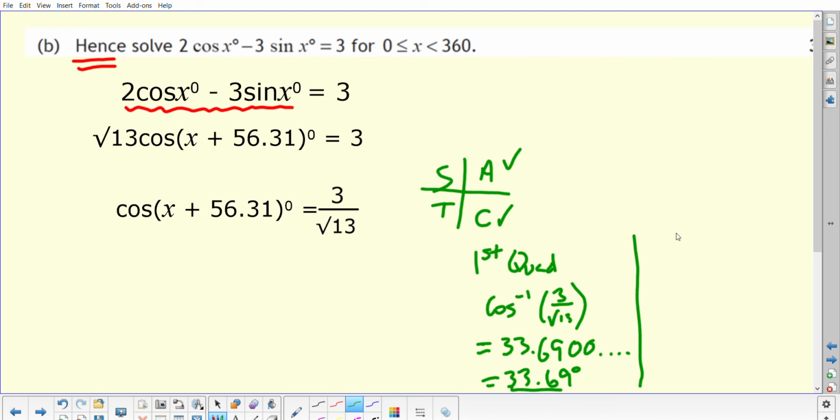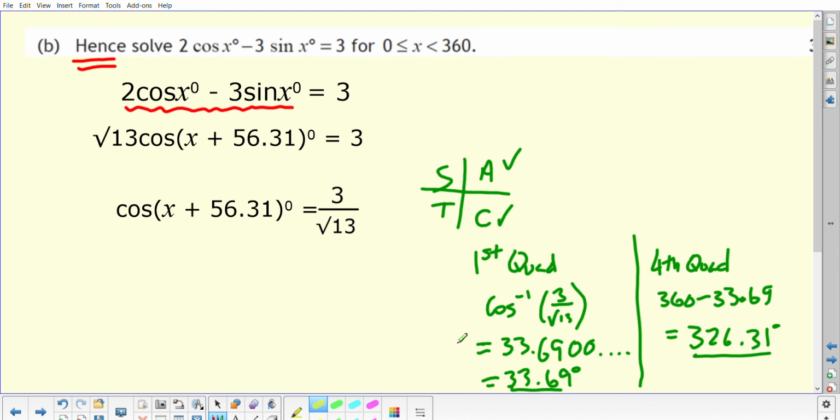So our second value for our fourth quadrant, you would do 360 minus that value, and that would of course give us 326.31.